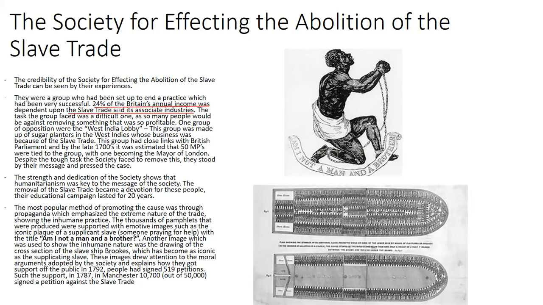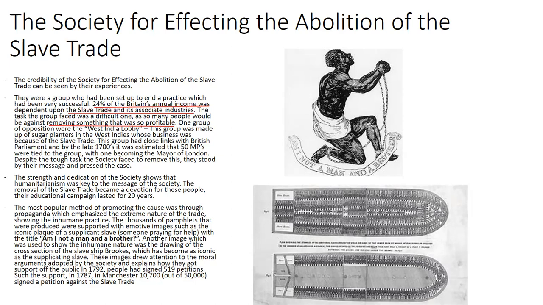This group, the Society for Effecting the Abolition of the Slave Trade, faced a monumentally difficult task. Some people thought that their task was impossible because they were trying to remove something that was ridiculously profitable. And they faced a lot of opposition. So this is one reason why they might not have been as effective.